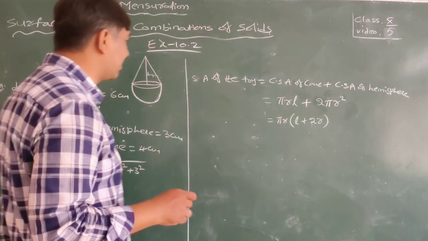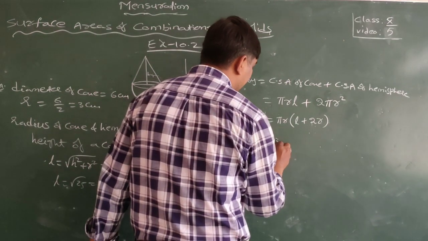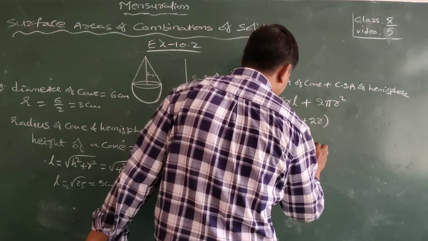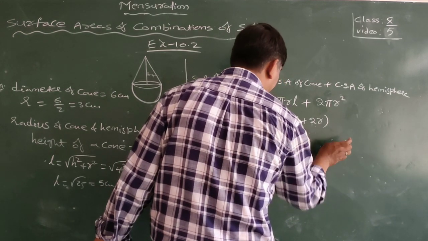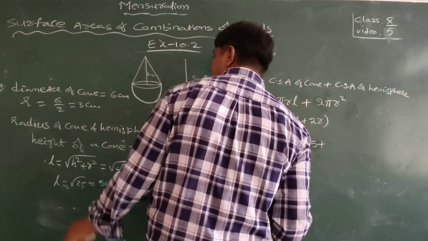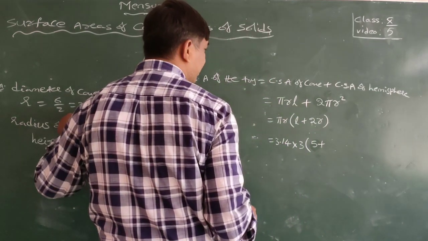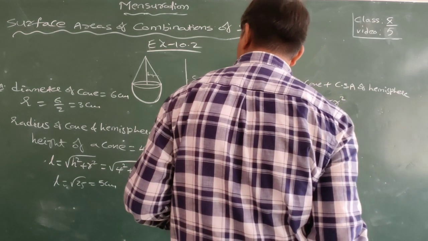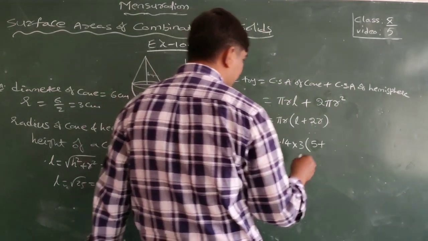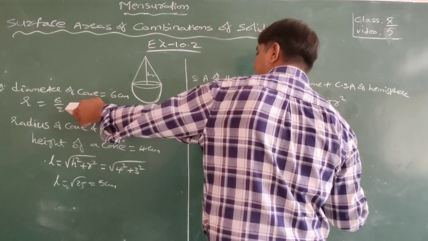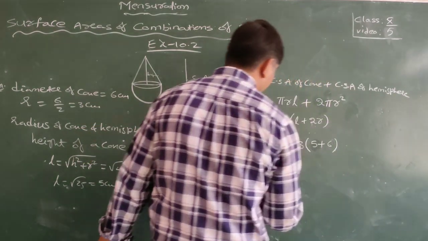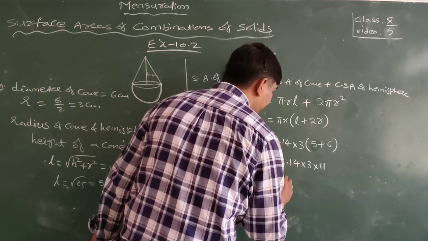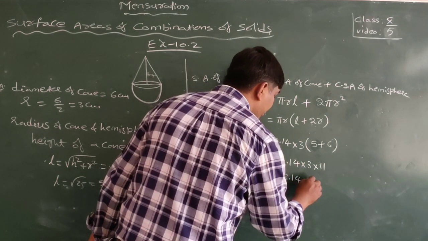Now substitute the values. Pi is 3.14, as given. So 3.14 into radius 3, into L plus 2r, which is 5 plus 2 into 3. 2 threes are 6, so that is 3.14 into 3 into 11, which is 3.14 into 33.